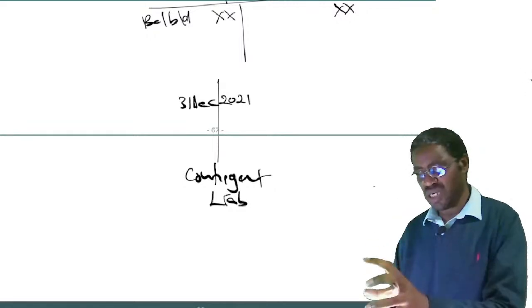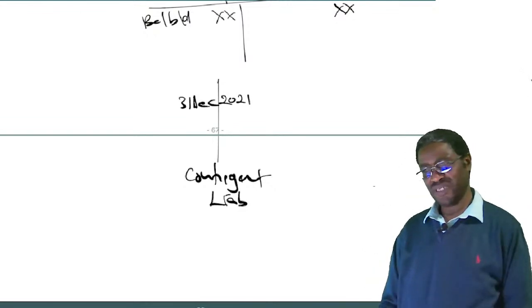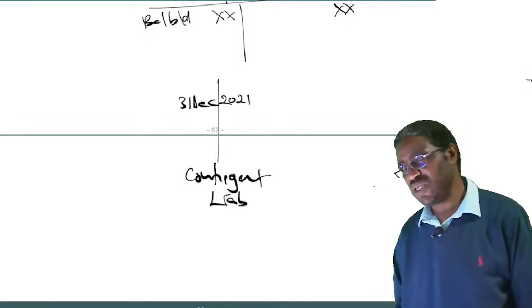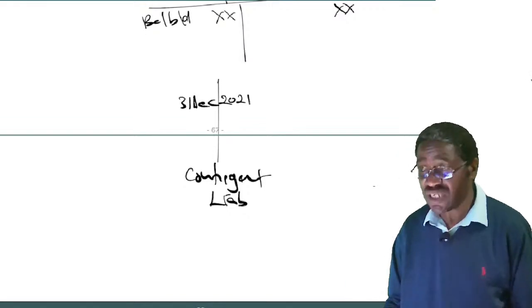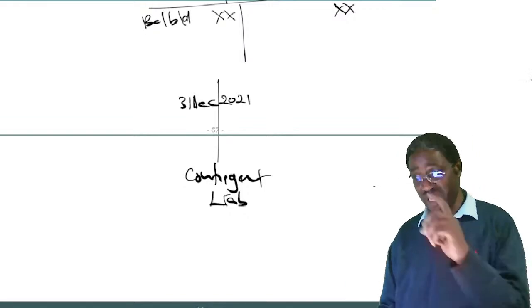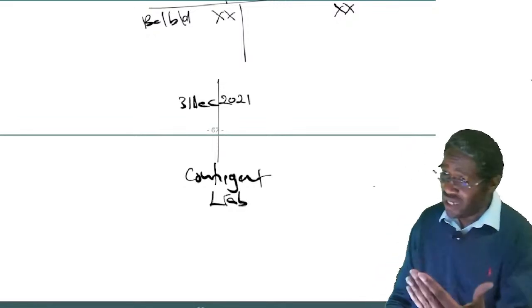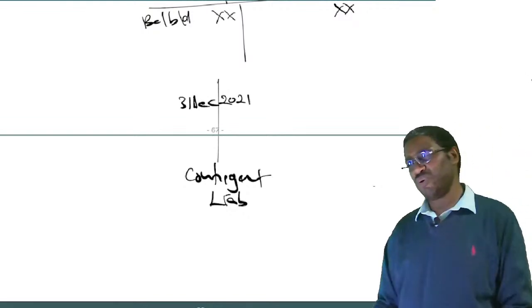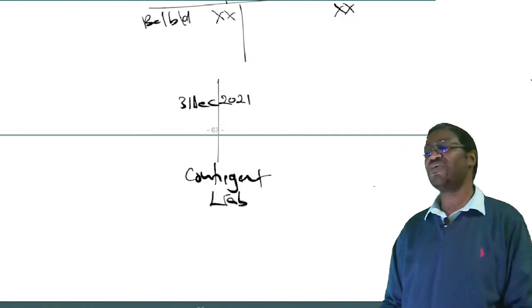You have heard of what is a contingent liability. And I believe you should be able to define what a contingent liability is and also give an example of one.